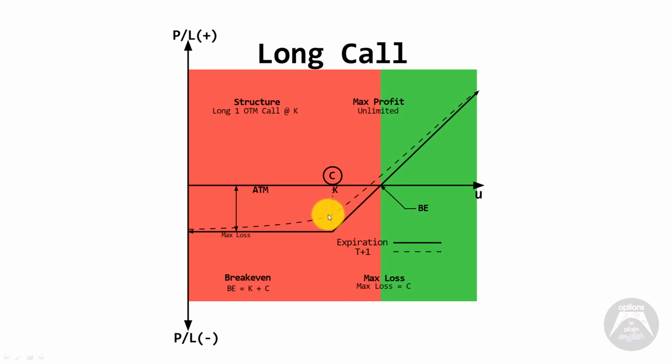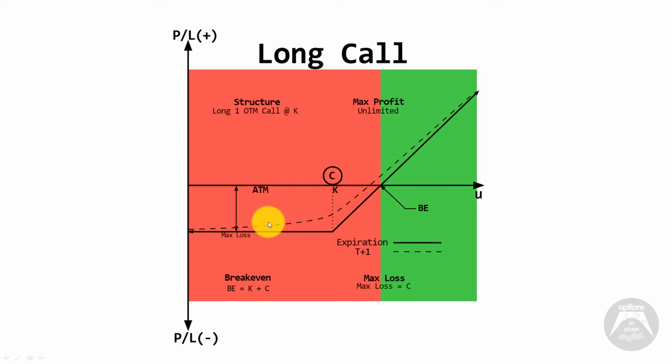So if we look at this graph, we can see that it's basically representing buying a call. When you buy a call, you have to have at expiration the price go beyond the strike price so that it has some value, and then it has to travel at least as far as the distance necessary to cover the original premium that was paid, and then anything above that is going to be profit.